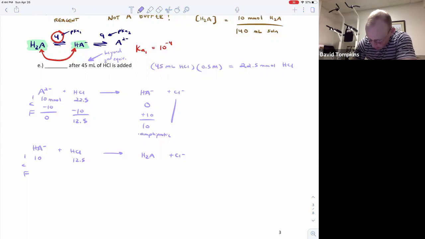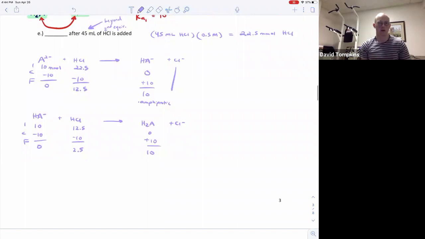So now the weak base is limiting, and you have none of it, and you produce 10 millimoles of the diprotic acid, and you only have 2.5 millimoles remaining of HCl. So this is after all the strong titration reactions go to completion.